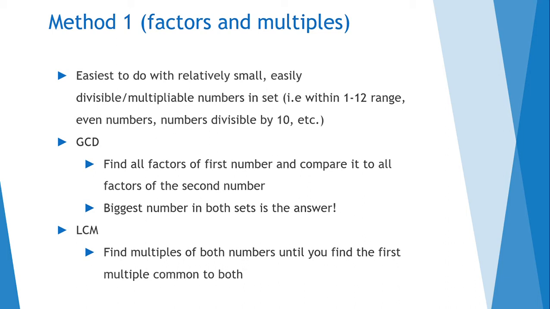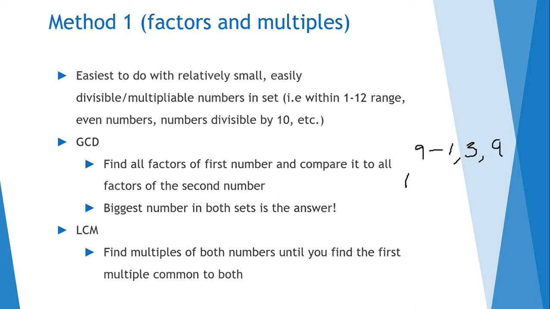So let's find the LCM and GCD of 9 and 15. And let's start with the GCD. So for GCD, we want to find all factors. So I'm going to write down all the factors of 9 and 15 right here. So for 9, 1's a factor, 3 is a factor, and 9's a factor.